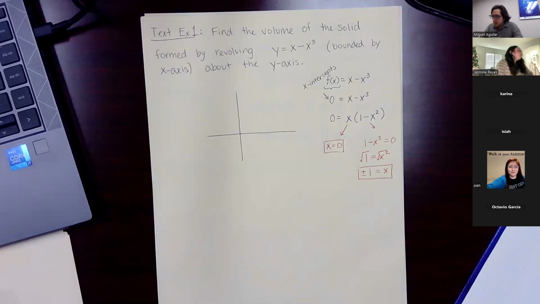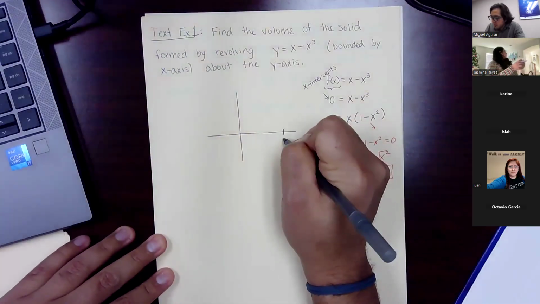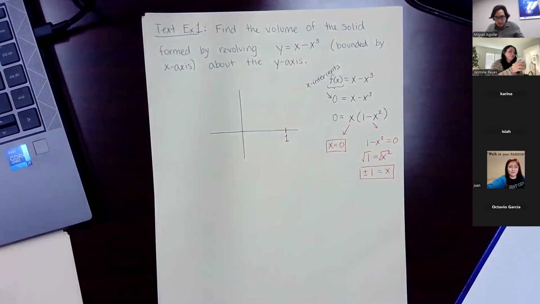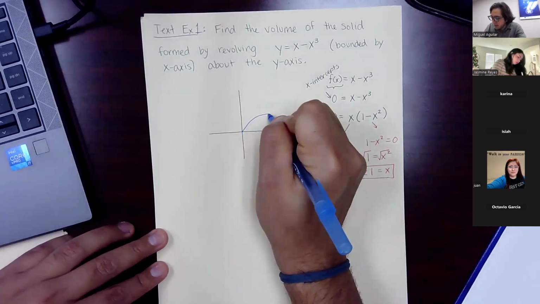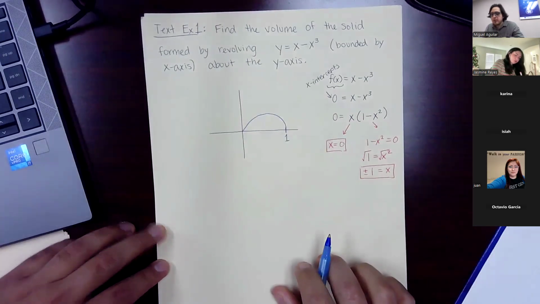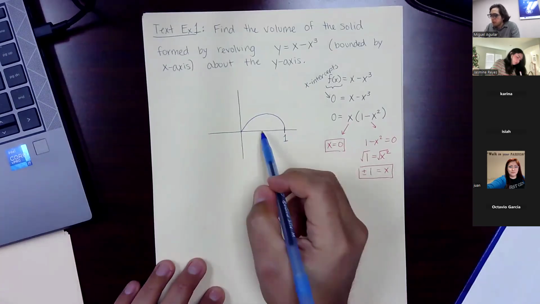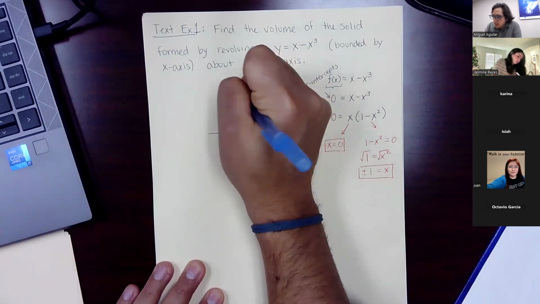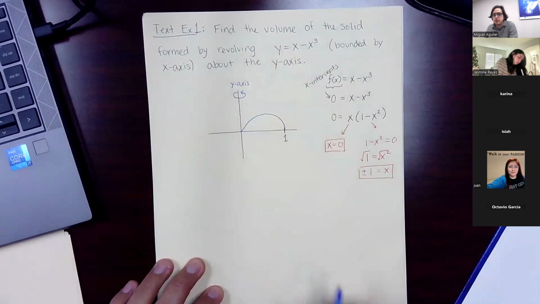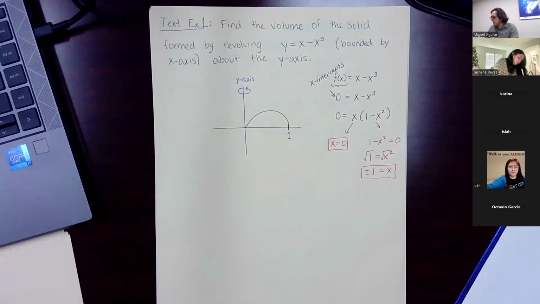Okay, so over here is our x value of 1, and our graph looks something like this. And we want to revolve this around the y-axis, like so.